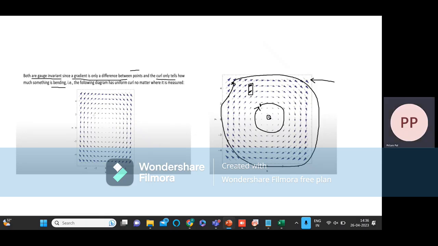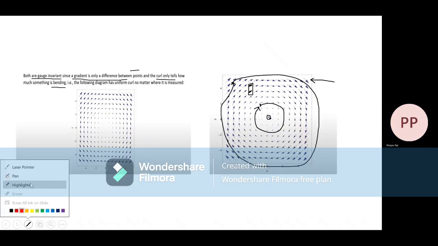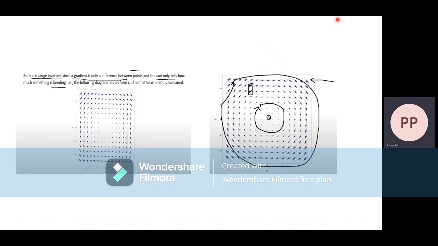If you have a temperature gradient, say 10 degrees here and 9 degrees over here, there is a temperature gradient of one.